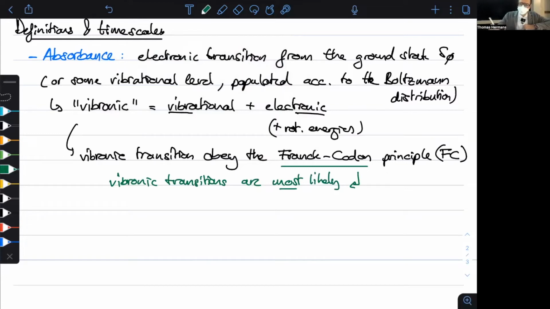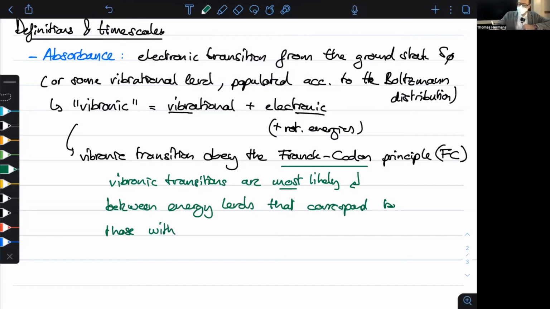It doesn't say always, it says most likely between energy levels that correspond to those with the same internuclear distances.